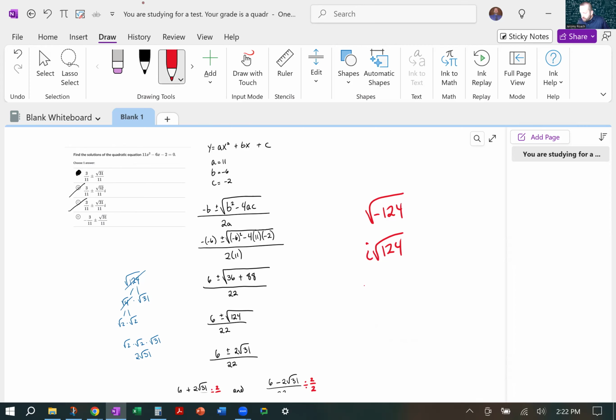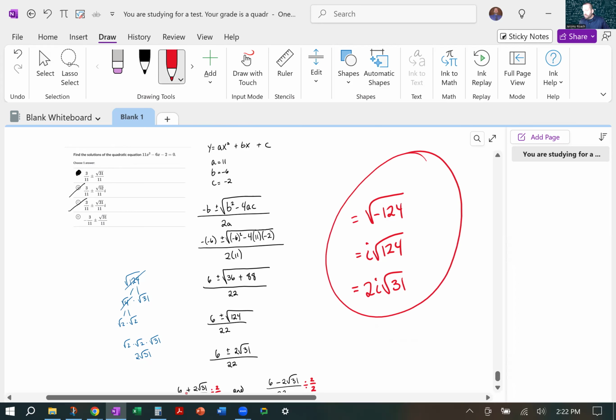So it would be 2i root 31. That's how you would simplify the square root of negative 124. Now, this had a positive, so we didn't have any i's, but this is what it would be if our answer had an i in it. If you have a negative, you've got to take the i out, still simplify, and then multiply that i on the outside at the very end as well.